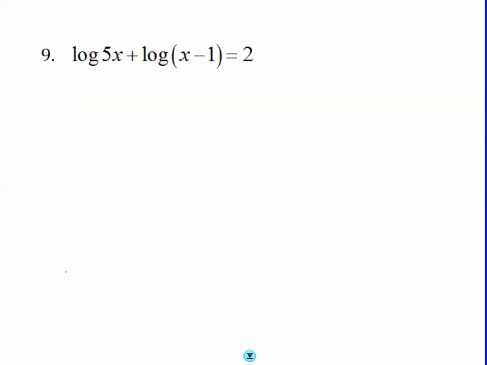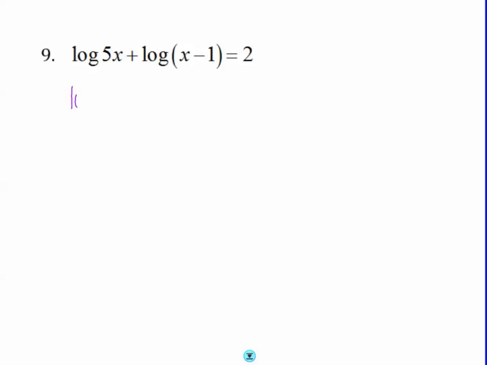Now, here we have log of 5x plus log of x minus 1 equals 2. I can try to rewrite it so that I have log of something equals log of something, but I have that 2 there, which is going to mess things up. So I need to condense the log on the left side of the equation.